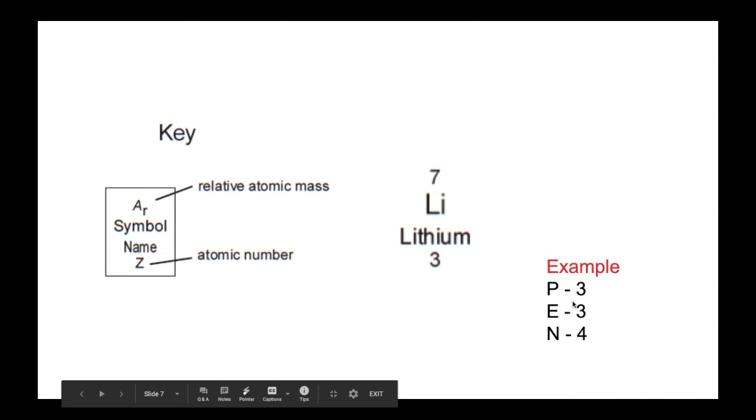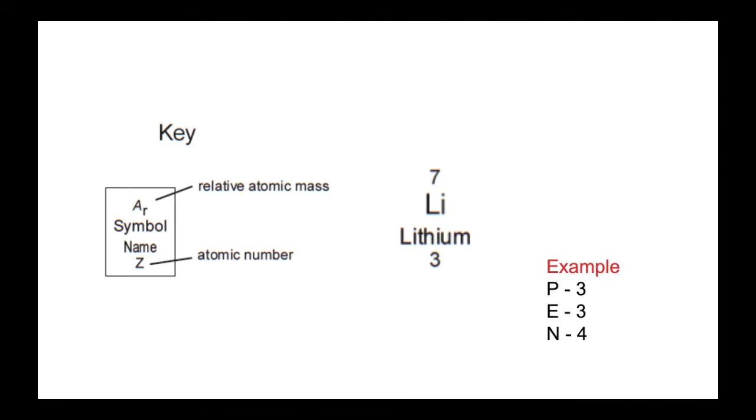The 3 at the bottom tells us that each atom of lithium has 3 protons. Because atoms are always neutral, there will also be 3 electrons. And we can work out how many neutrons there are by subtracting the bottom number from the top number. So that example is for lithium.